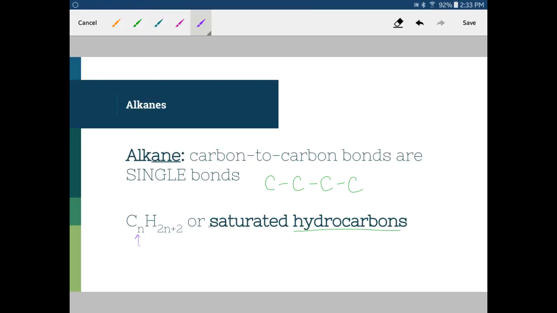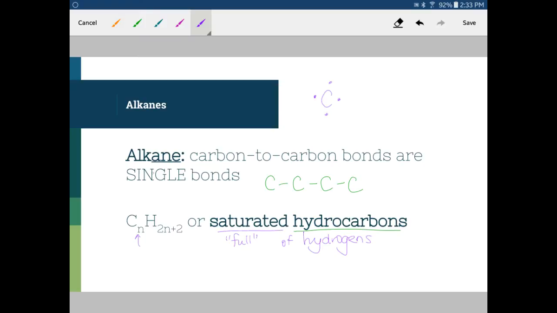Essentially, these alkanes are called saturated hydrocarbons, which means they are saturated, or full, of hydrogens. We know from Chemistry 20 that a carbon atom has 4 bonding electrons, which means that carbon can form a possible total of 4 bonds.